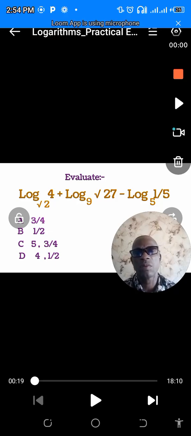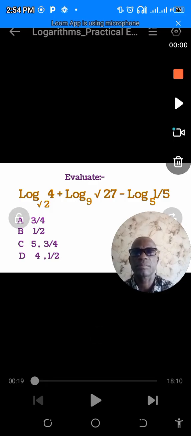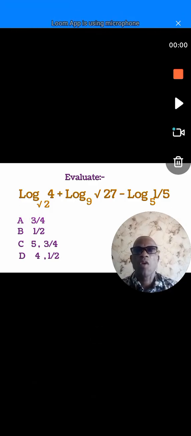In this section, we will demonstrate the logarithmic law of change of base with practical example 6. The question reads: log 4 base root 2 plus log root 27 base 9 minus log 1 over 5 base 5.